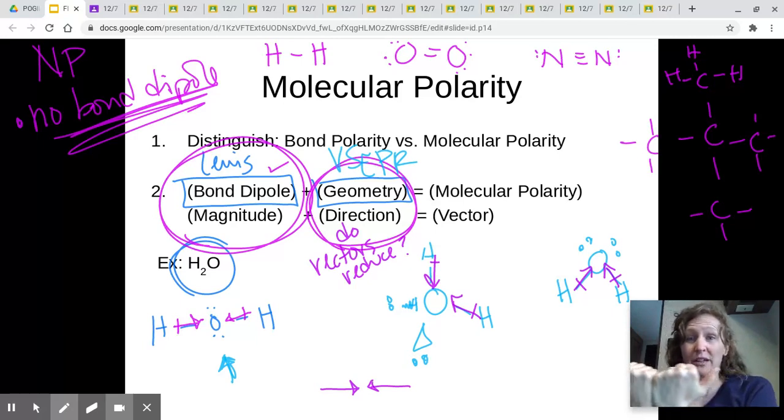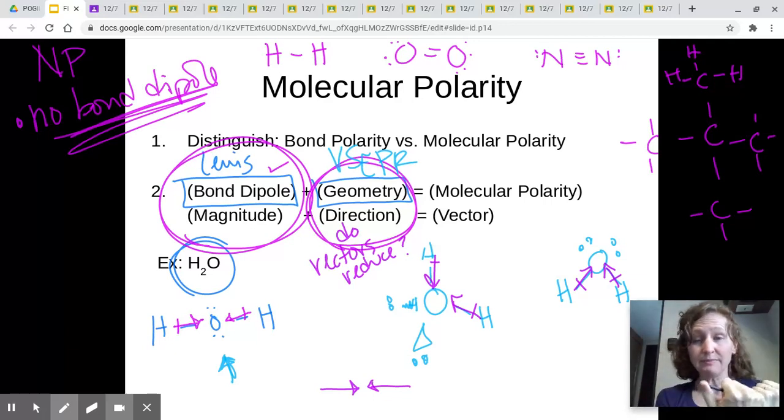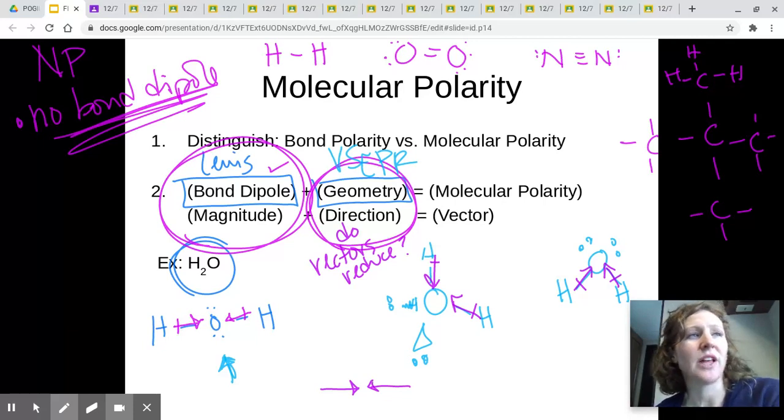If one of them's bigger than the other one, on the other hand, the center of that rope is going to move. So the question is, do the vectors cancel each other out? Now, you can kind of spatially reason your way through this, right? So think about it as ropes.